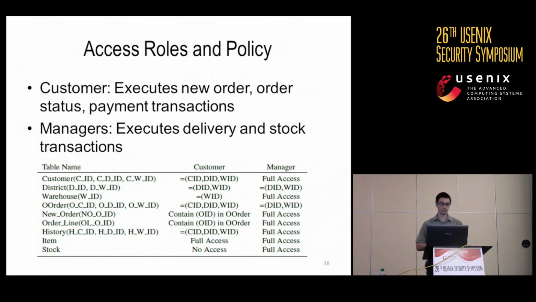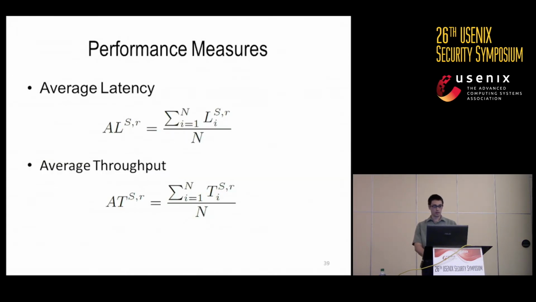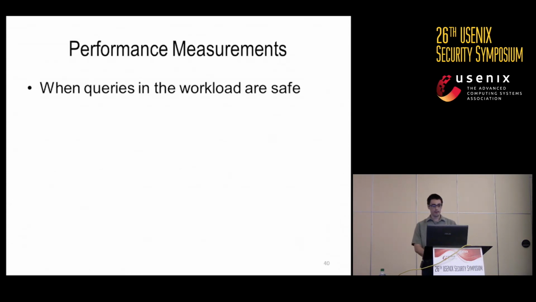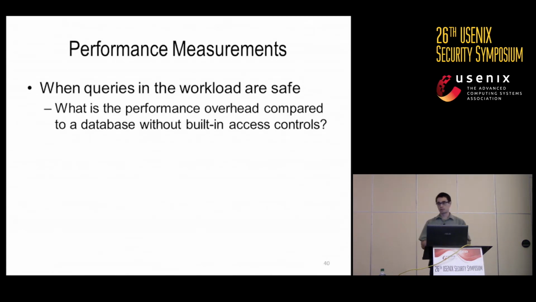So with this access control policy in mind, we then measured the average latency and average throughput. This is just provided by the benchmarking tool. And we wanted to answer 3 questions. First, when queries in the workload are safe, so that they conform to the policy, but we would still need to check and make sure, what's the performance overhead when we use our solution on a database that doesn't have any built-in access controls?